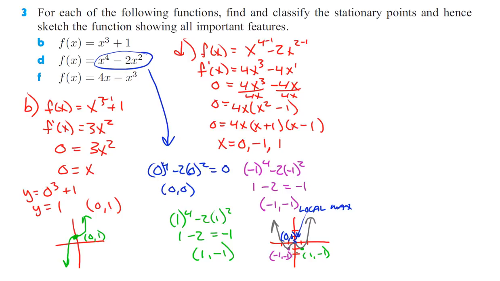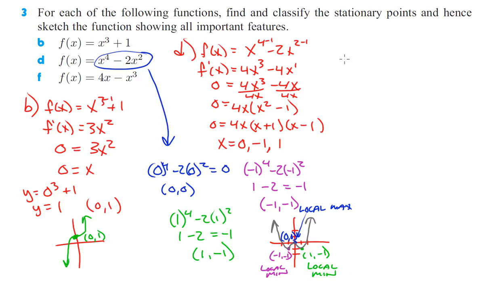So neither one of them is the actual minimum there. So we're going to call both of those the local minimums. So local minimum here, and then this green one over here is also a local minimum. Okay, so we've got that, and then let's do F.